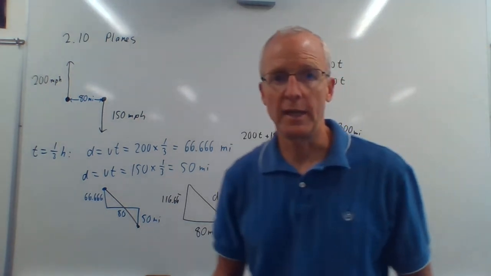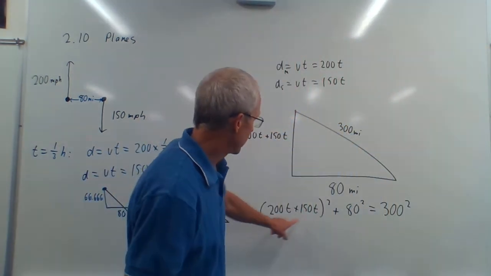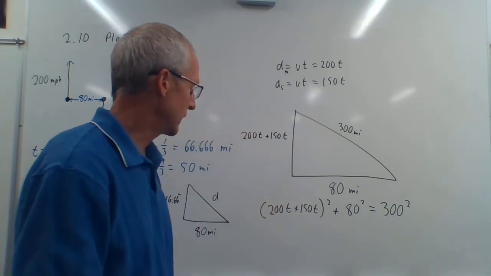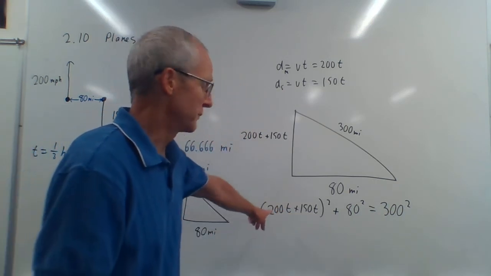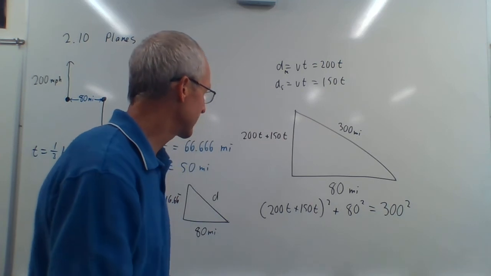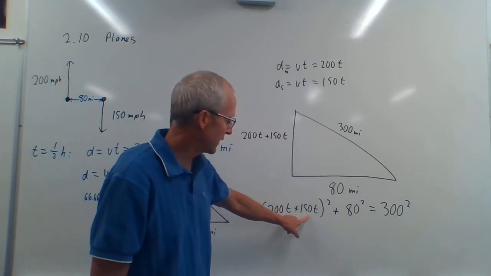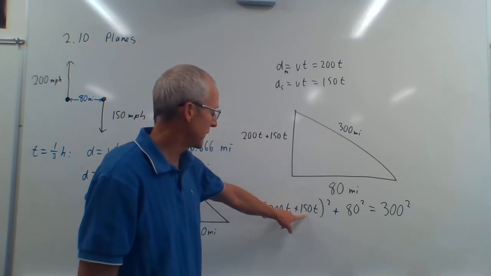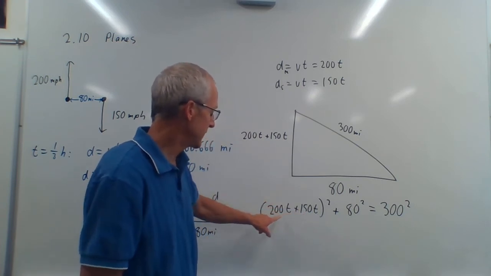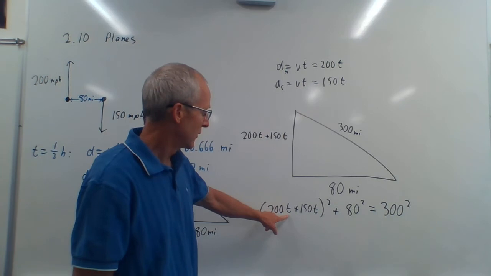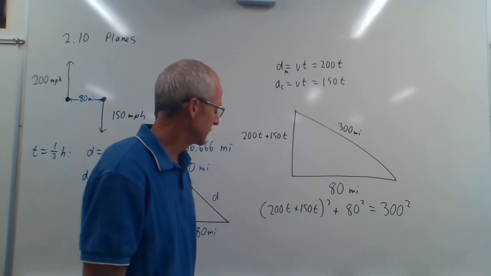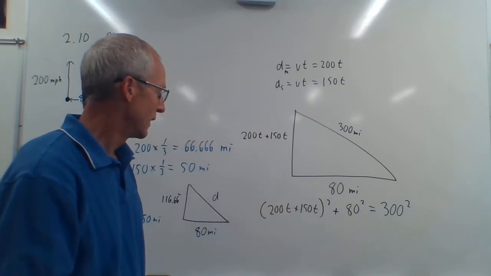And now you solve for t. You got to square this out, so be really careful squaring things out. You're going to get some big numbers. Remember, it's always this one squared plus that one squared plus 2 times them multiplied together. So 2 times 150 times 200t squared.